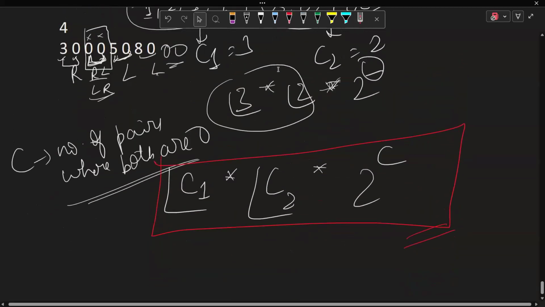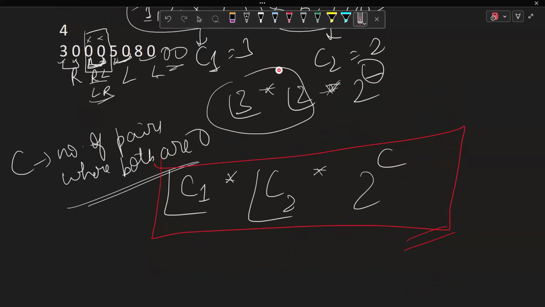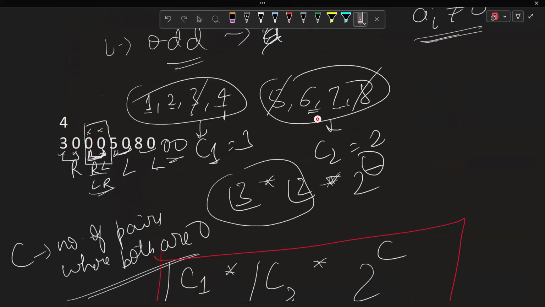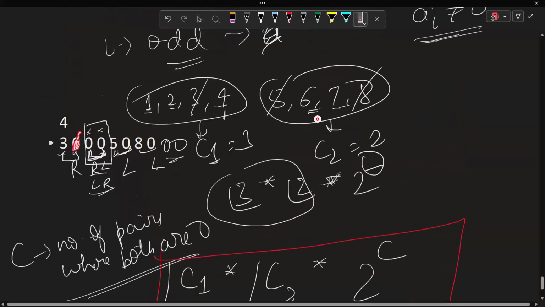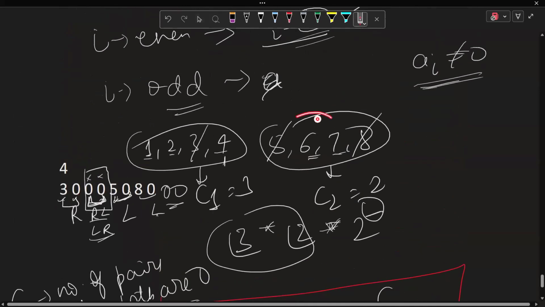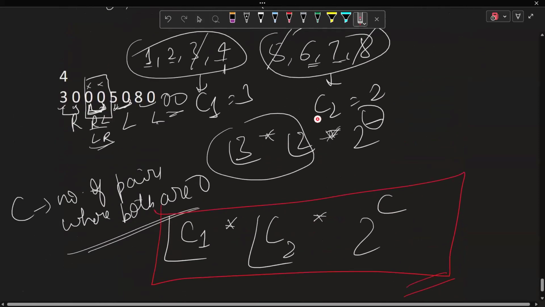So let's say in this test case only, along with this 3, I was replacing it with something from the right range, either 6 or 7. Now, instead of replacing it with something from the right range, if it's already given that instead of this 3, it is written, let's say, 2.